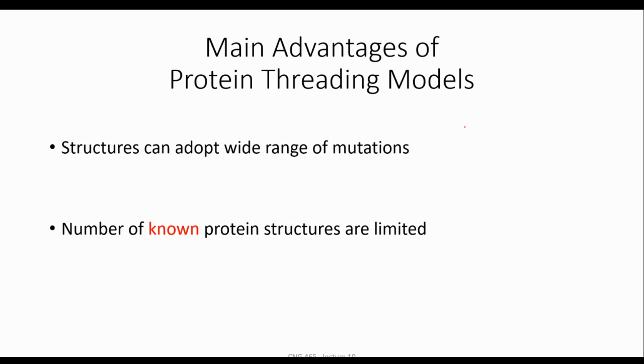What are the main advantages of protein threading models that we talked about, which are comparing sequences with proteins? I mean, the structure of proteins which we know. So structures can adopt a wide range of mutations.